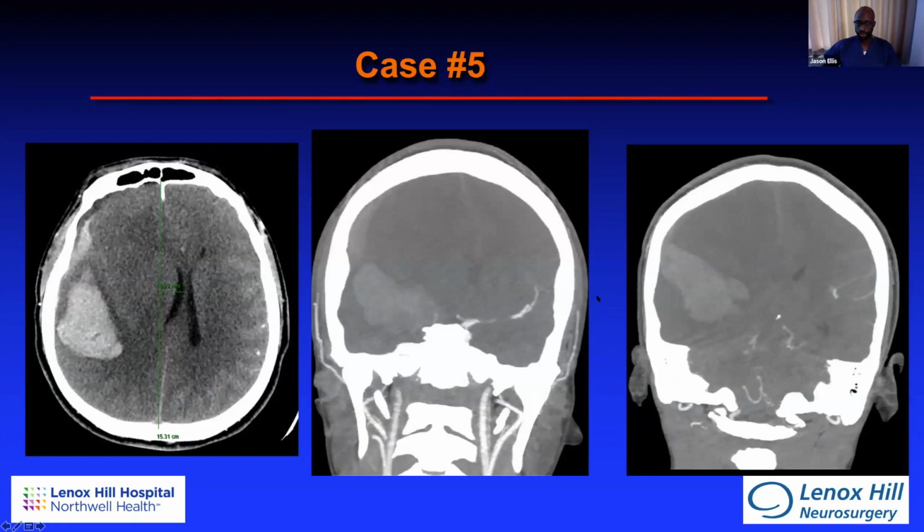And these two scans here are what's called a CT angiogram. That is a CAT scan done with contrast, and it should highlight the blood vessels feeding the brain as well as in the brain itself. So you can see here in the neck, these blood vessels are highlighted very well. However, in the head, you see almost no blood vessels in the right hemisphere.